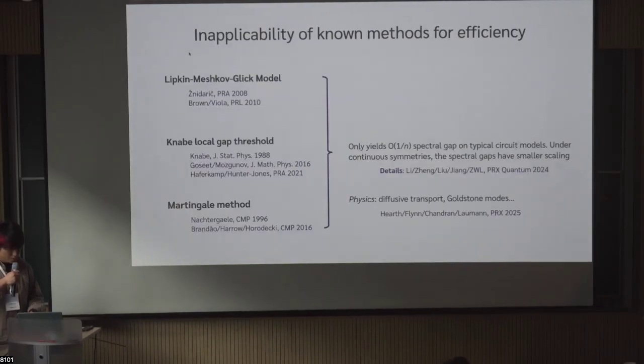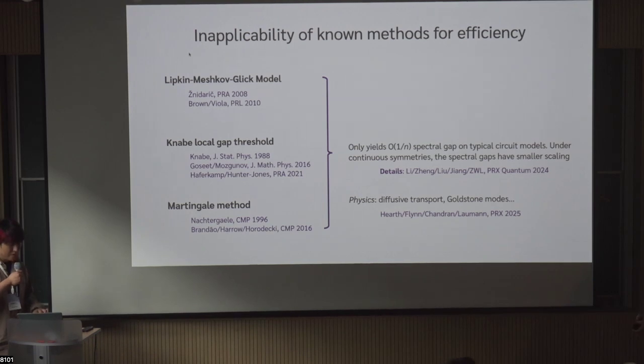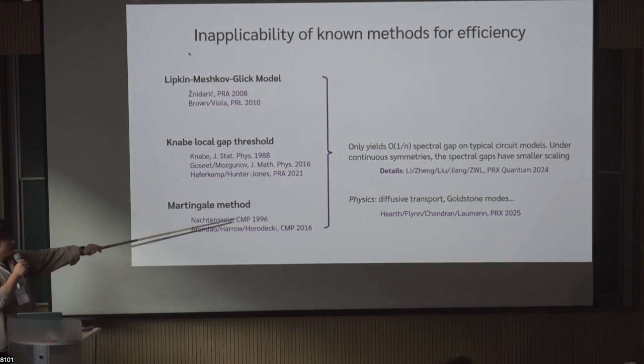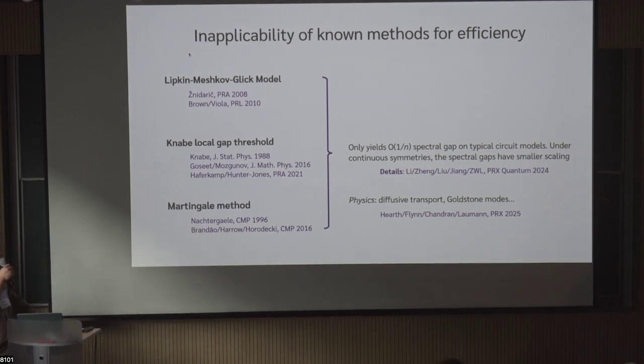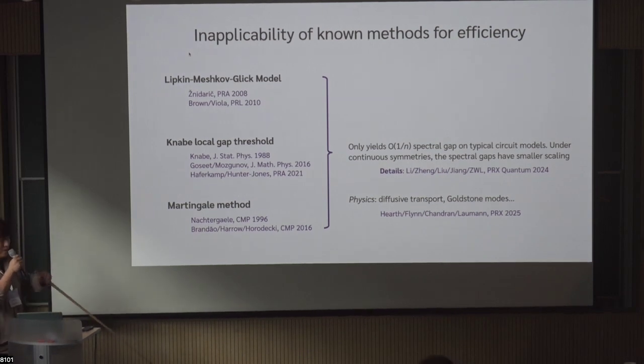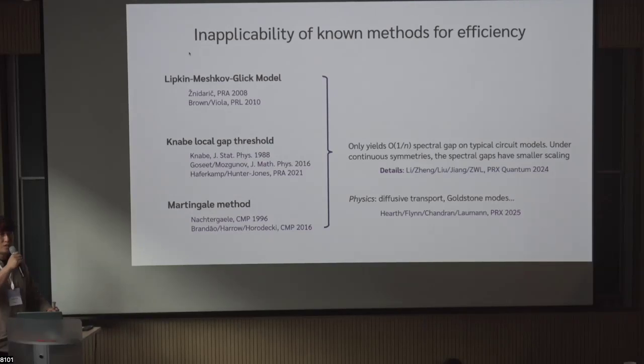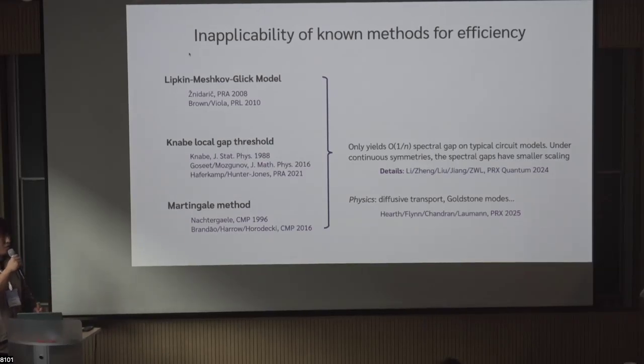Okay, so these three methods can only give us a constant gap, in some normalized sense. But for the symmetry case, we have physical reasons, things like diffusive transport, ghost modes, and so on, and that also happens in our proof, that we actually have polynomially slower convergence. So these methods are not useful for giving us bounds.